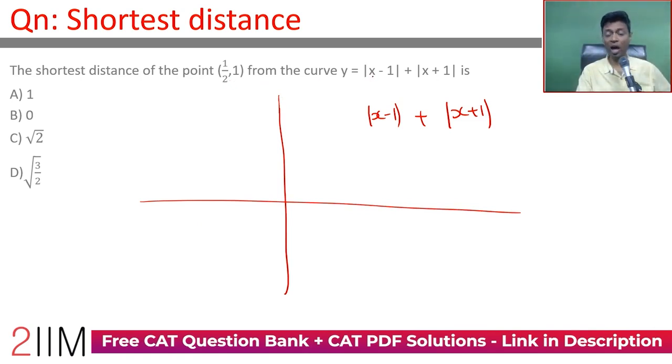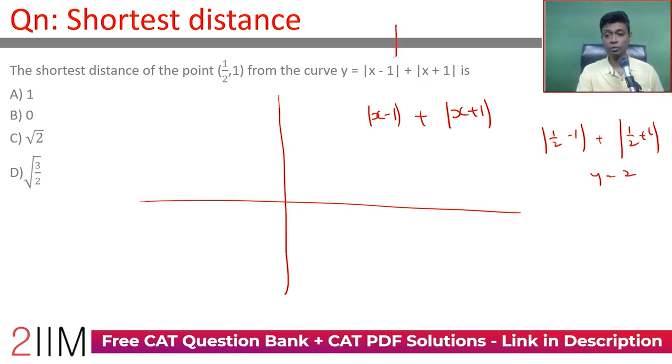If you put x equal to half, modulus of half minus 1 plus modulus of half plus 1 is 1 by 2 plus 3 by 2, so y should be 2. (Half, 2) is a point on this curve. It seems to be a very interesting curve. Y will be entirely positive. That much we know.